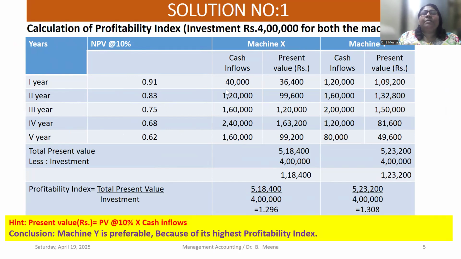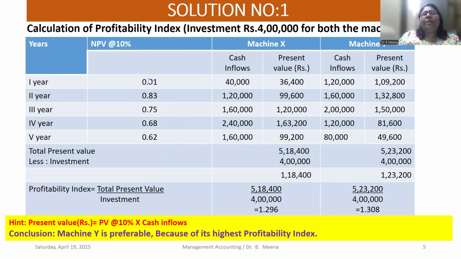So I wrote the cash inflows of machine X and machine Y. Then multiply the discount factor at 10% with the respective cash inflows of each year for both machines. Like 40,000 into 0.91, I'll get 36,400. 1,20,000 into 0.91, I will get 1,09,200. Likewise, I will work out 1,20,000 into 0.83, 1,60,000 into 0.75, 2,40,000 into 0.68, 1,60,000 into 0.62.